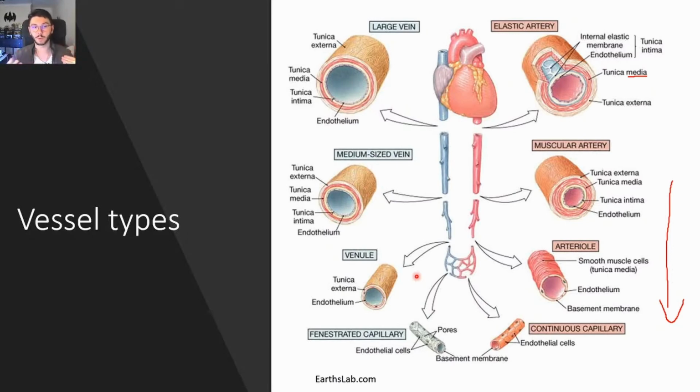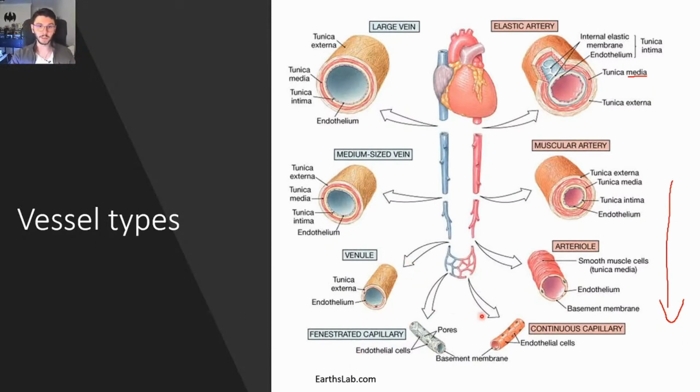This is why people who are immobilized get pooling of blood and can get clots. So the fact that they don't have this muscular layer is so that you can squeeze them when your muscles contract, pushing the blood in one direction. And the valves stay there to prevent backflow. So that's why the veins have quite thin media.